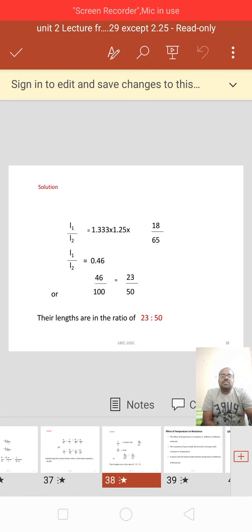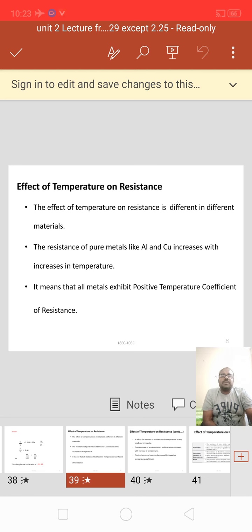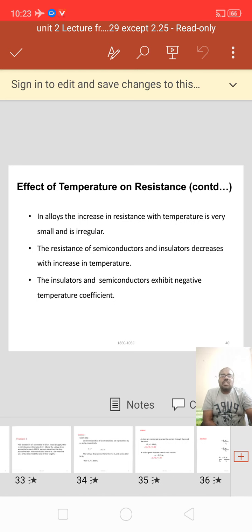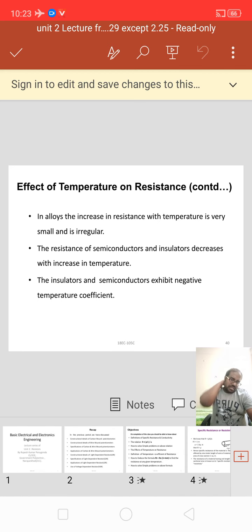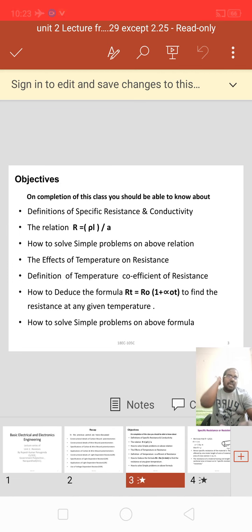Okay, these are the important concepts which we learned today. What are the concepts which we learned today? That is definitions of resistance, resistivity, conductance, conductivity. Next, the relation between the resistance and resistivity, R equal to rho into L by A, and simple problems on the above relation.